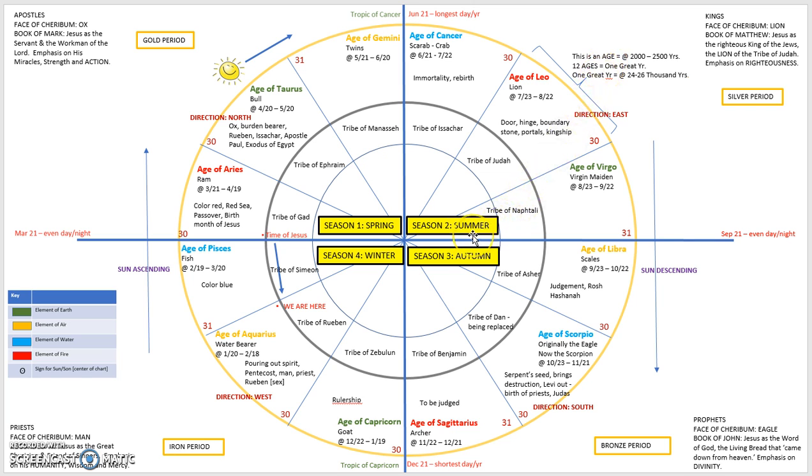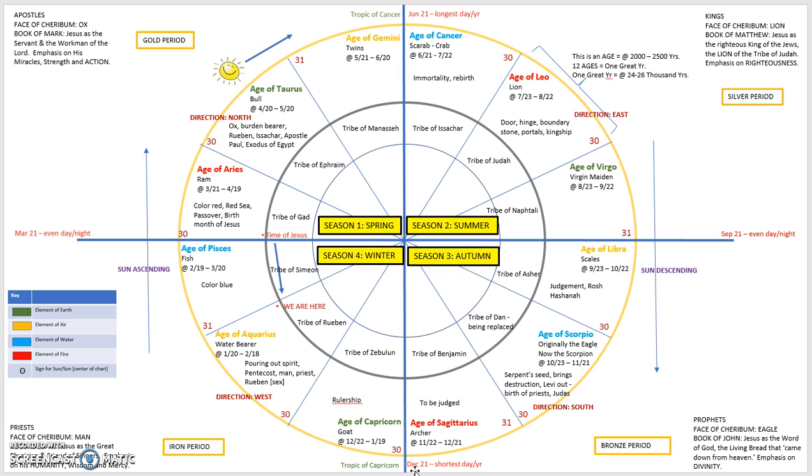Notice here that I have this as the summer area and the spring area is over here. Now, there is a reason why I did that, and let me point out why. I identified the Tropic of Cancer that is linked to June the 21st as the longest day of the year, and I identified down below the Tropic of Capricorn, which is linked to the shortest day of the year.